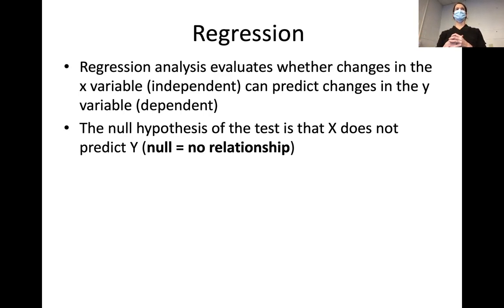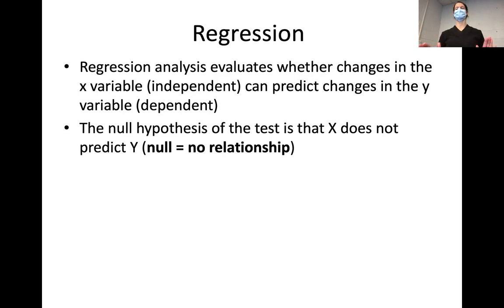We still have a null hypothesis, but now we're not looking at a significant difference. With regression, we're looking for a relationship. Does X predict Y? Is there a change in a positive direction, or is there a negative slope? Not a significant difference. With a regression, if you say the means are significantly different, it means absolutely nothing, because that's not what you're looking for.